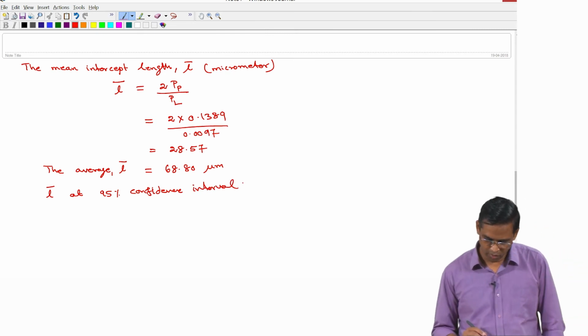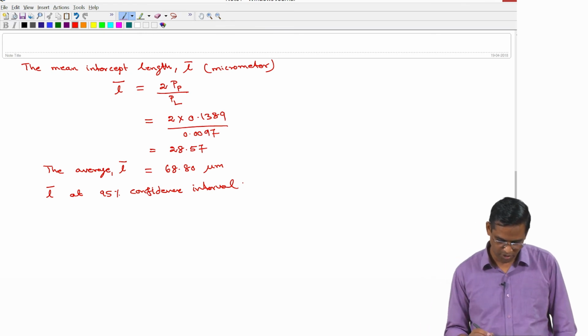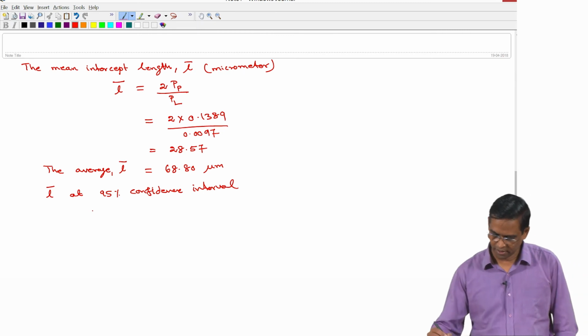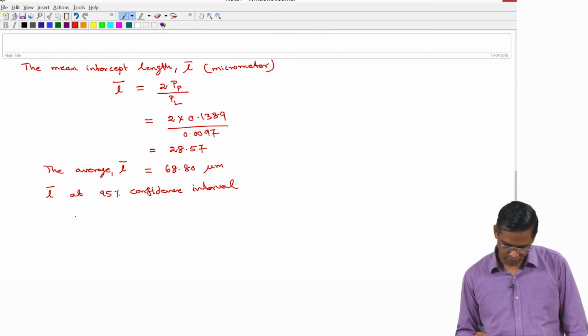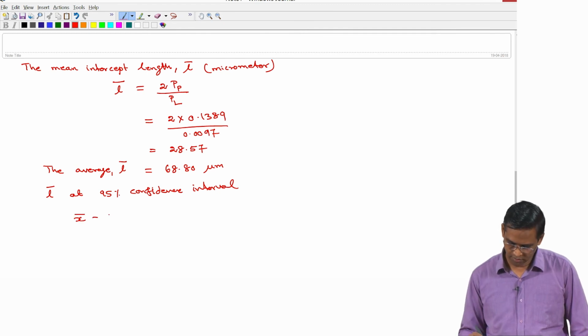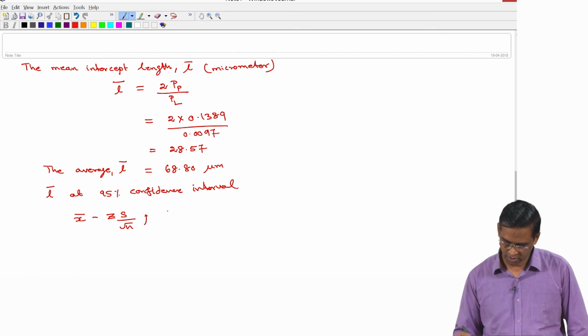We will follow the normal distribution here. We know that equation, just to recall, this is the lower limit and this will be the higher limit.